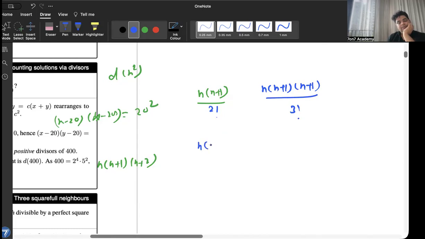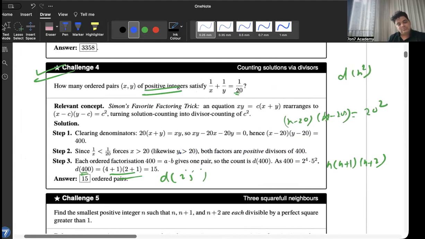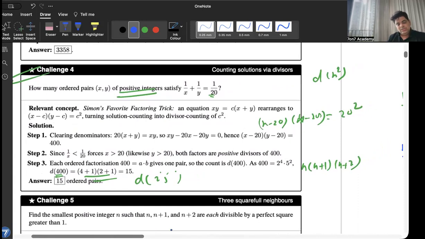If you multiply 4 consecutive numbers, you can divide it by 4 factorial. Okay, that's how this rule is, but this is a very random question. So here, to find 3 consecutive numbers divisible by squares, you write n, n plus 1, n plus 2.